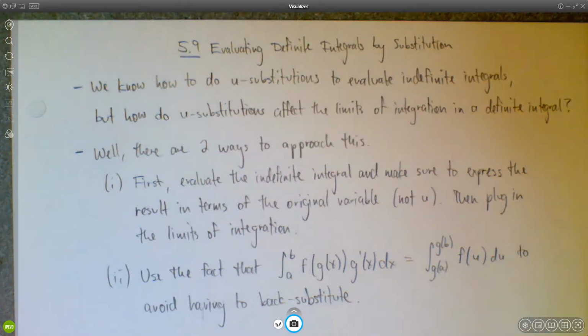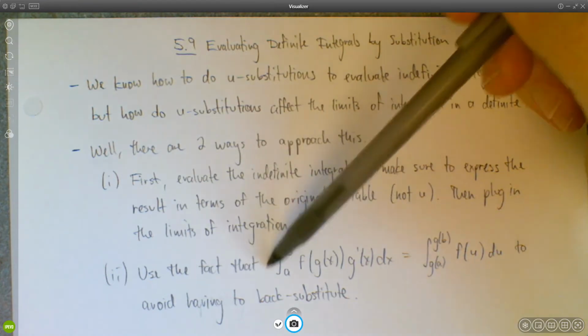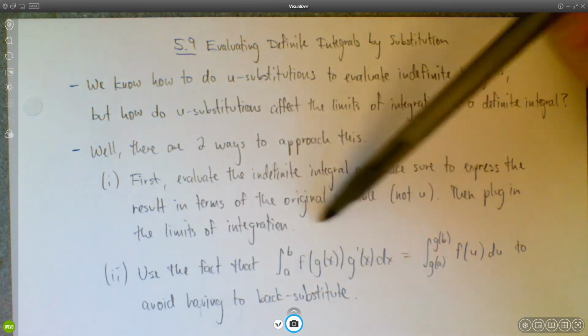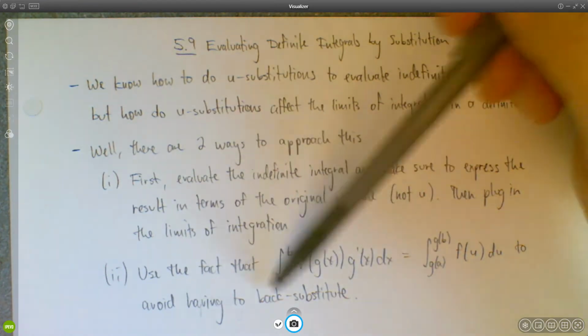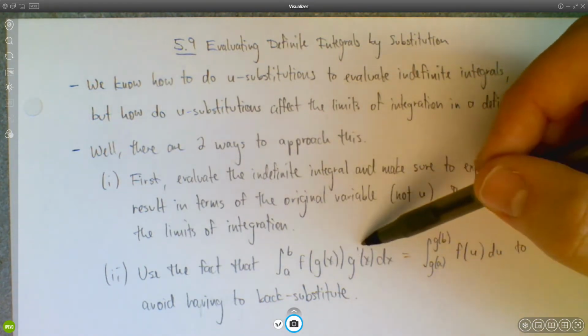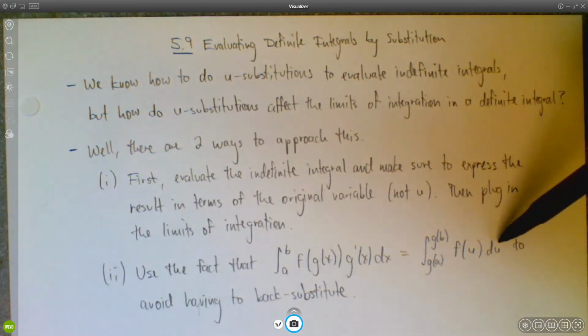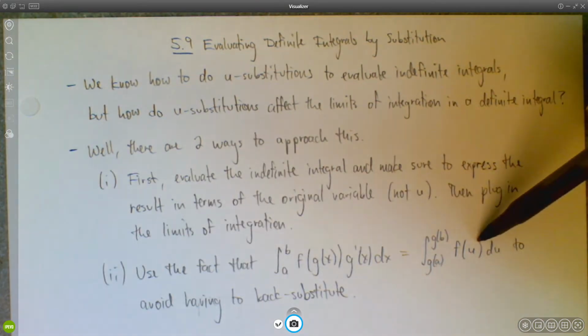The other way to do it is, remember that when you do a u-substitution, this is really the format of the thing that you're doing a u-substitution of, and what you let u equal is g of x. That way its derivative is sitting right outside, right? So this whole thing becomes f of u du. Now look what happens to the limits of integration.